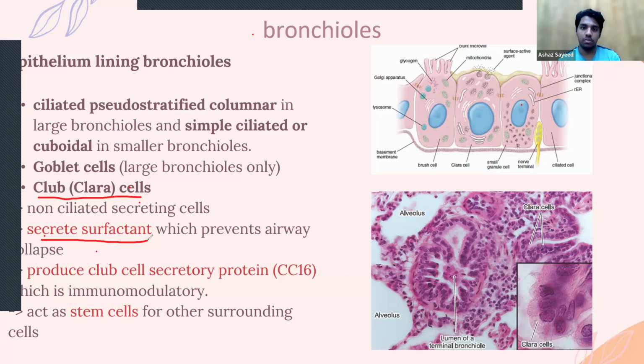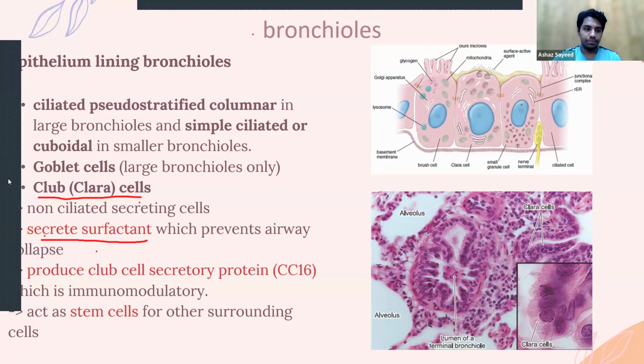This has been a previous year question. Know this sentence: club cells produce surfactant in bronchioles. And they also act as stem cells for the rest of the epithelial cells. That's another important function, but the surfactant one is the most important of them.